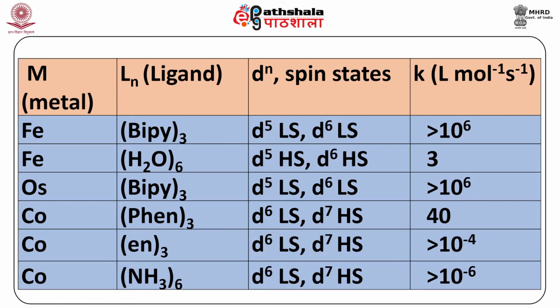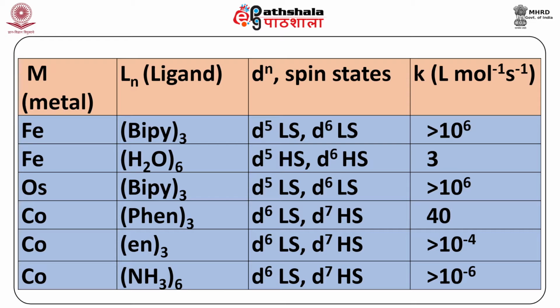On the other hand, if the metal is iron and the ligand is H2O, there are 6 H2O ligands attached. The d5 complex, iron 3+, is high spin, as well as the d6 complex where iron is in the +2 oxidation state.